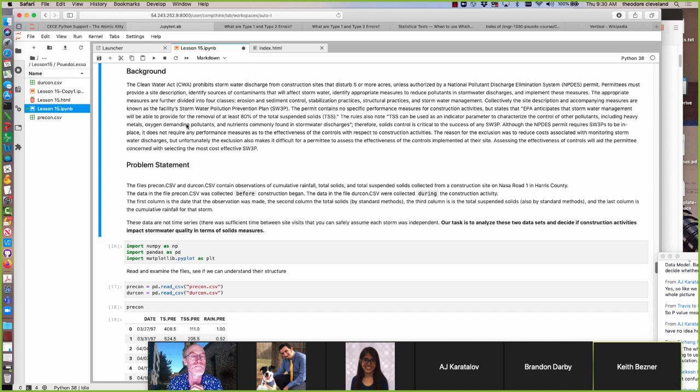And to prevent that, we implement things called stormwater pollution prevention plans, and you've seen those. Those are like storm fences and stuff that are on construction sites. Specifically, the permit says that we have to provide for 80% solids removal, and that total suspended solids can be used as an indicator parameter.